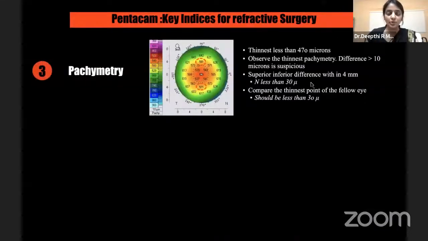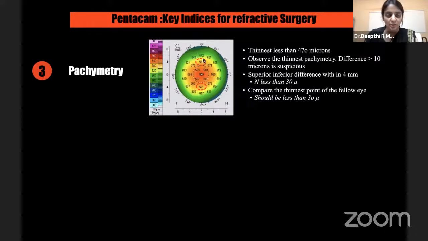Now the next thing you look for after the curvatures and elevation is your pachymetry. As refractive surgeons, we are always looking at the thinnest pachy, because most of us have a cutoff of 470 to 480 when doing surface ablation. But more than that, it's important to look at the distribution of the pachymetry.